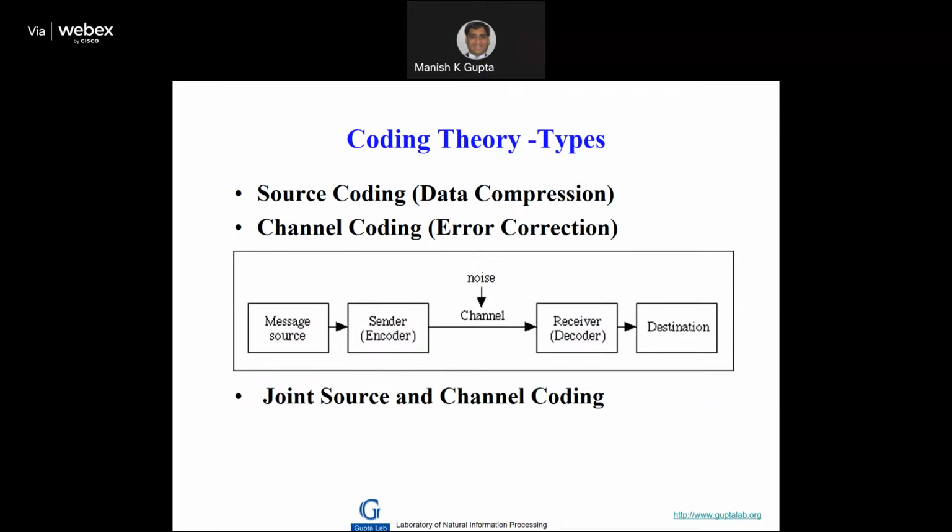So one area is source coding, one area is channel coding, and the third area is joint source and channel coding. There are techniques where you are using compression and the channel coding together. Both are combined. So these three areas have different algorithms to encode and decode the data, and this is very important, depending on which kind of thing we are using.